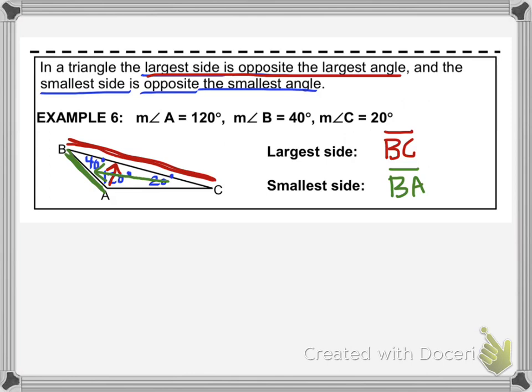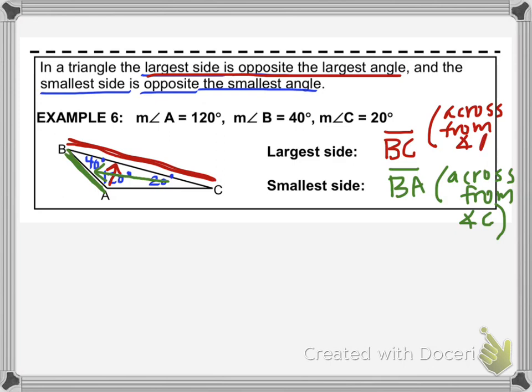Okay, so just to clear up, segment BA is across from angle C, right? That's that smallest angle. And then segment BC, that was across from angle A, that largest angle.